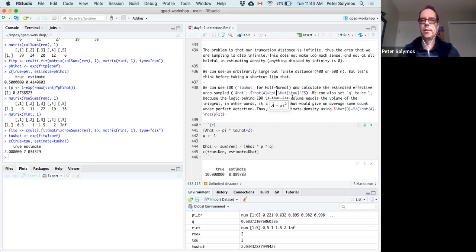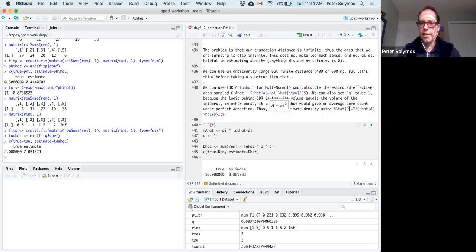But now, think back to the cookie cutter analogy. Within this distance, we assume that detectability is perfect, and outside of it is none. Which means our Q, which was the average detectability inside the cylinder, and now our cylinder has EDR as the radius.